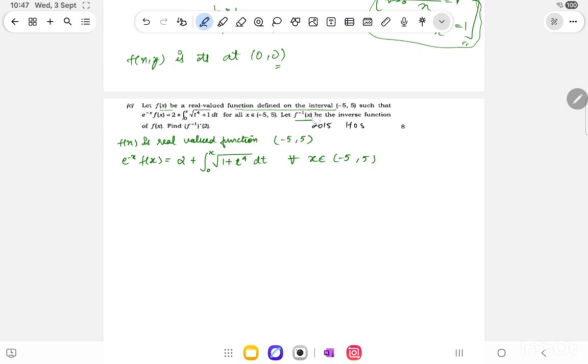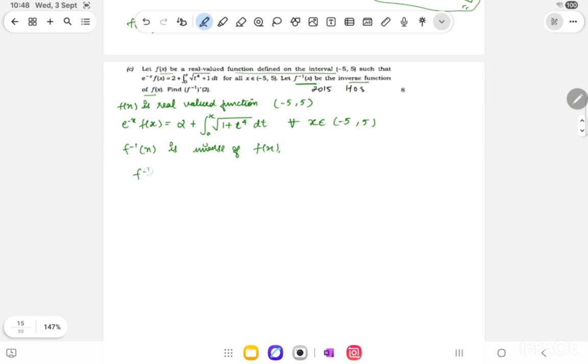And it is given that f inverse of x is the inverse function of f(x). So we are supposed to find the derivative of f inverse of x at x equals 2. So we are supposed to find this.